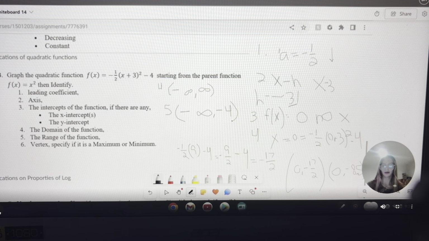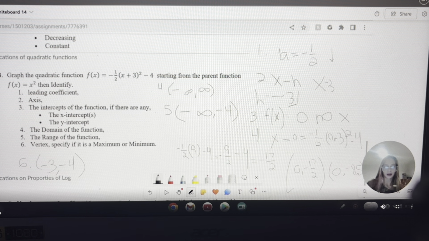Okay, and then for the vertex, the vertex is going to be -3, -4, from our two numbers that we got.